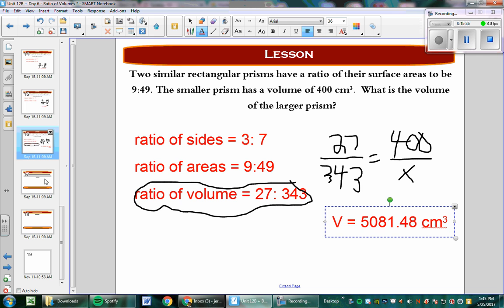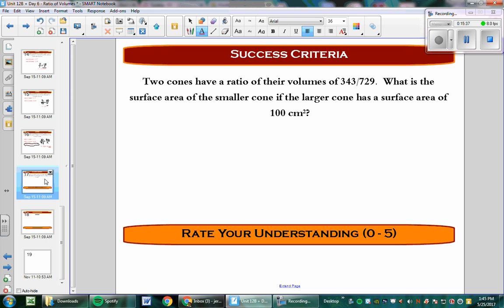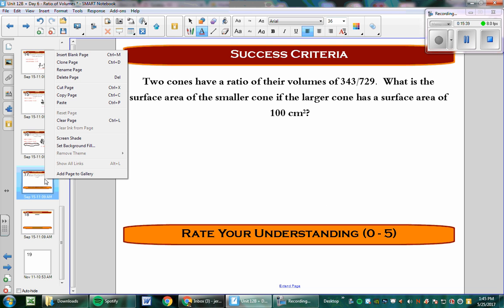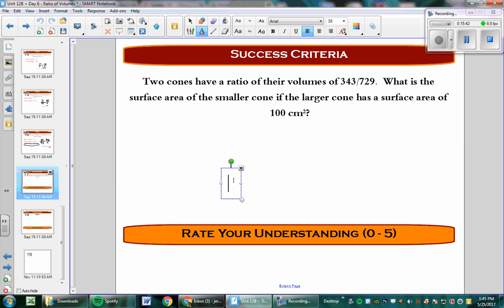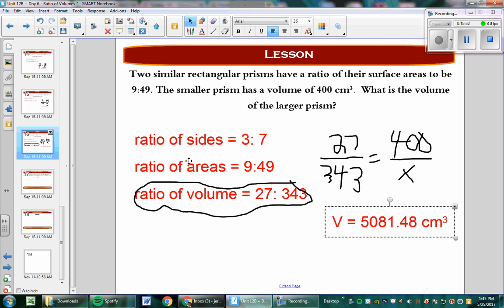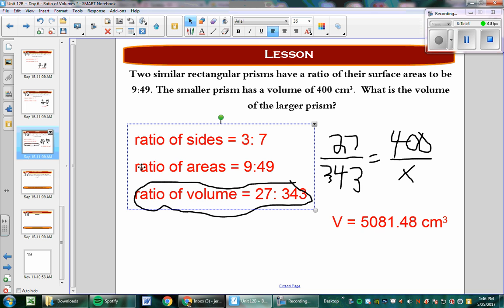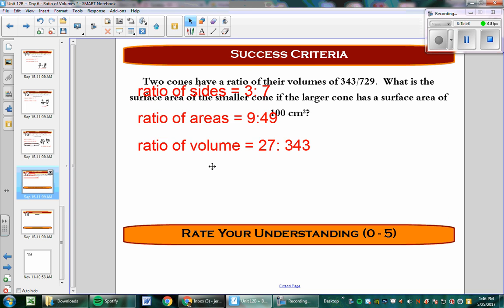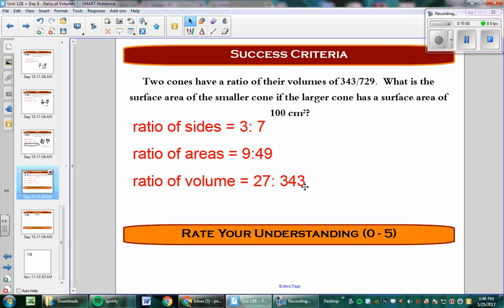All right, now we'll finish this thing off with the success criteria. Two cones have a ratio of their volumes of 343 to 729. What is the surface area of the smaller cone if the larger cone has a surface area of 100 centimeters squared? So what I'm going to do is take this, throw it over here, and get rid of the numbers.